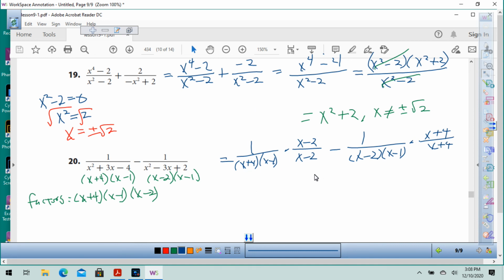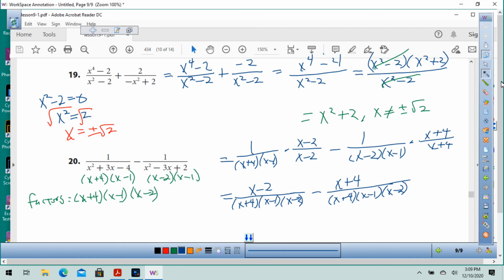So now this is going to equal x minus 2 over x plus 4 times x minus 1 times x minus 2, minus, and then I'm going to have x plus 4 over x plus 4 times x minus 1 times x minus 2. All right? So I've got the same denominator all the way around.